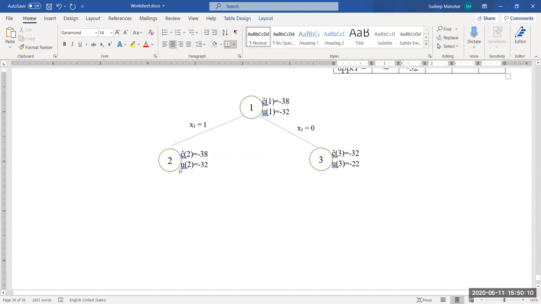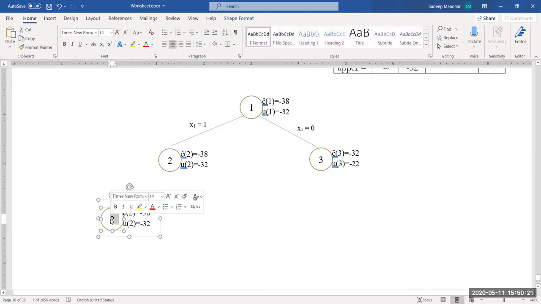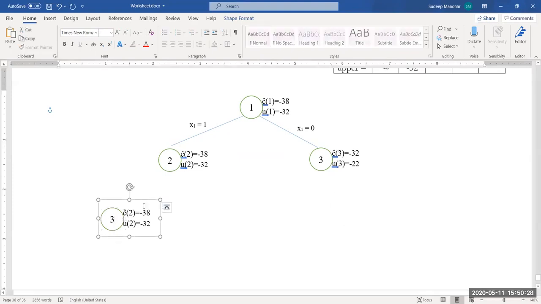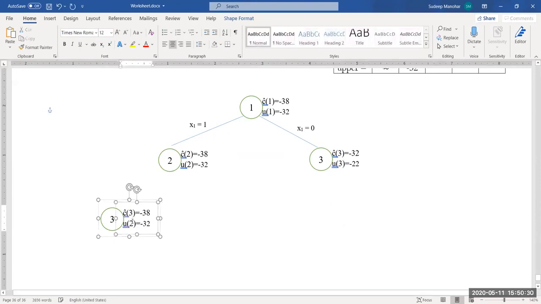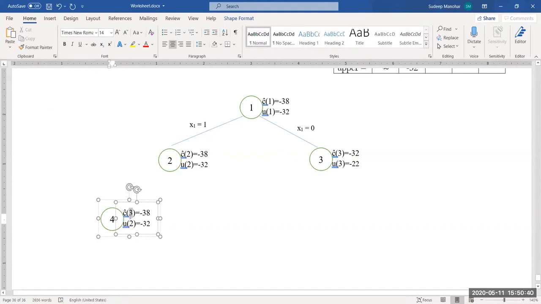We will draw two children for node number 2. This is 3, and this is, sorry, it is 4. You have to calculate the values for this.